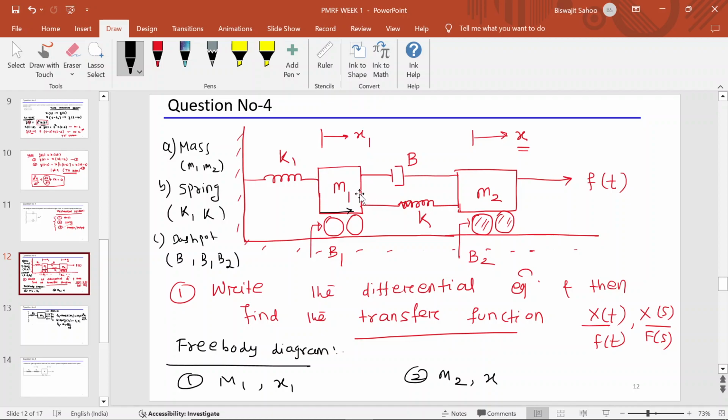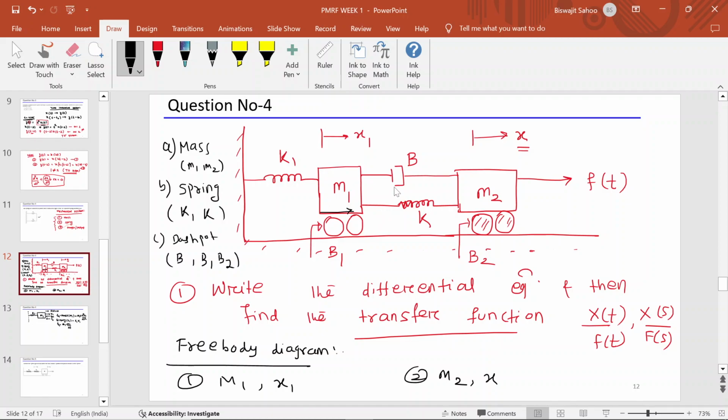Now when M1 is considered, on the right hand side one dashpot is there, and that dashpot has a displacement that depends upon the relative displacement of x1 and x2, because that dashpot is connected between M1 and M2. M1 is also moving, M2 is also moving, so that relative displacement comes into the picture.